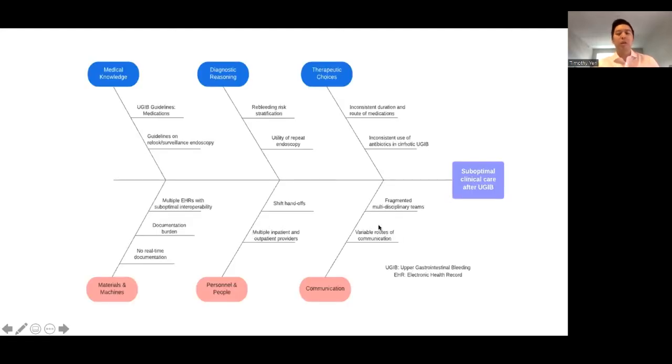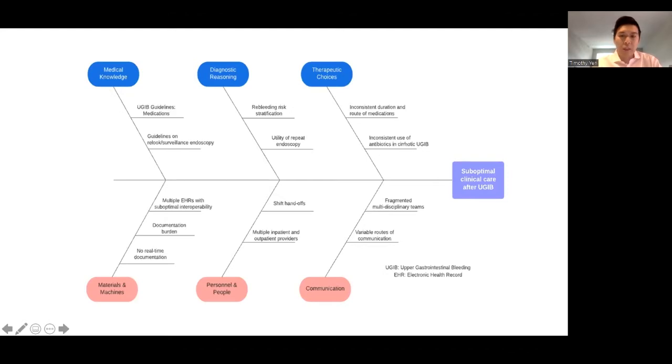So when approaching a problem in quality improvement, in this case, being suboptimal clinical care after upper GI bleeding, often, many people will organize their thoughts and the contributing etiologies into what we call a fishbone diagram. And here, the three categories on top have to do with medical knowledge, diagnostic reasoning, and therapeutic choices.